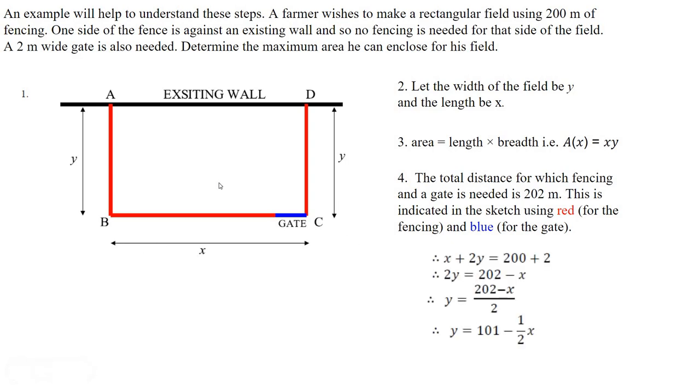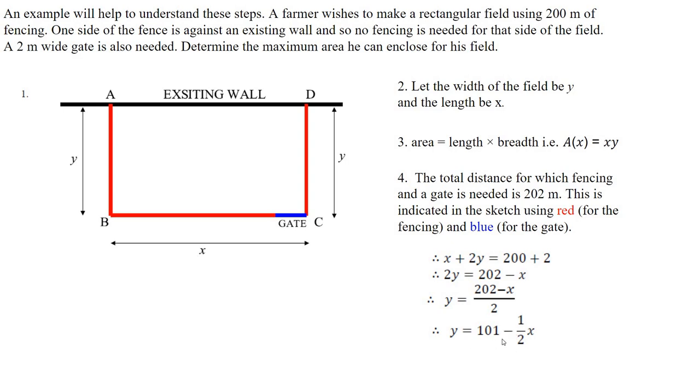Do you know that x plus these 2 y's have to equal the 200 in the red and the 2 in the blue. So the x plus the 2y has to add up to 202. Now if you just subtract x and then divide by 2, you're going to get y in terms of x. 202 divided by 2 is 101 minus a half x.